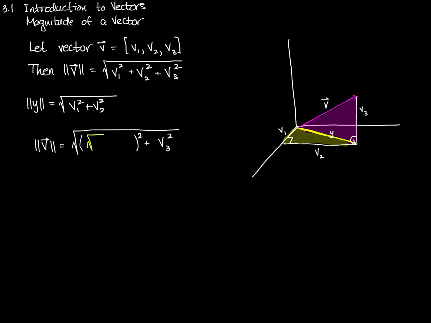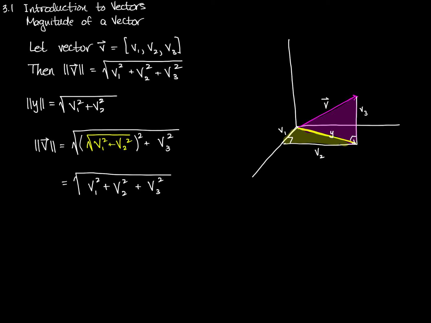It's the square root of v1 squared plus v2 squared. And what happens when you square a square root? Those two things cancel. And so what I have for the magnitude of my vector v is the square root of v1 squared plus v2 squared. No square root anymore because I squared that term, and that squaring took the square root away. And then I still have plus v3 squared.